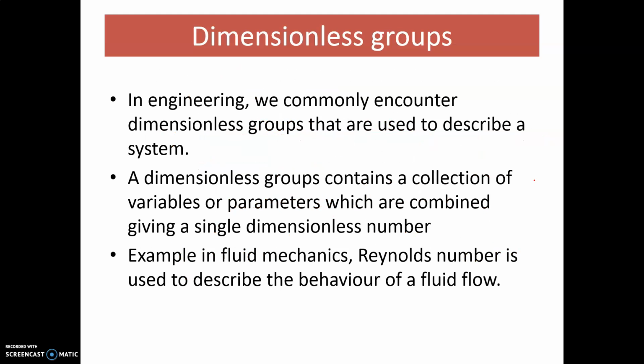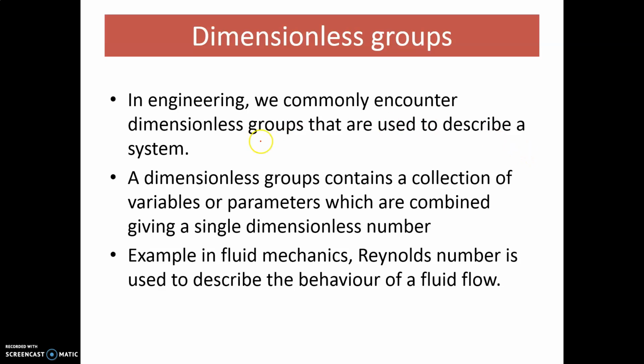And let's move to the last part of the unit dimension, which is the dimensionless group. There are few situations where we encounter dimensionless groups that are used to describe a system. A dimensionless group contains a collection of variables or parameters which are combined, giving a single dimensionless number.